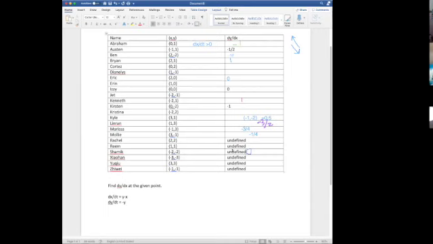For anyone that got one of these, do you mind just sharing your thought there? dx/dt was 0. Okay, good. So that means we're dividing by 0, right? Because when we find dy/dx, we're taking dy/dt over dx/dt. And so if dx/dt is 0, which is the case for all of these, that means there's no horizontal component. So all of these vectors over here are going to point vertically.